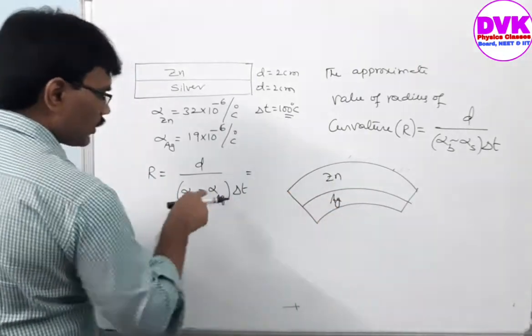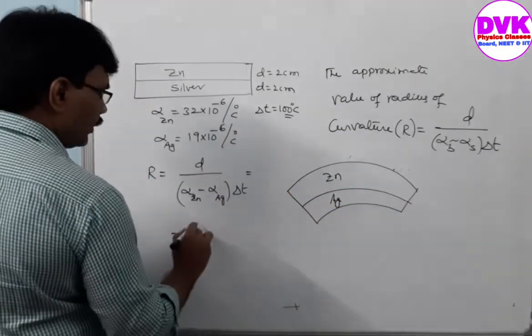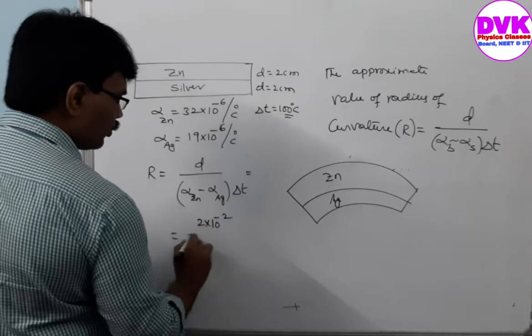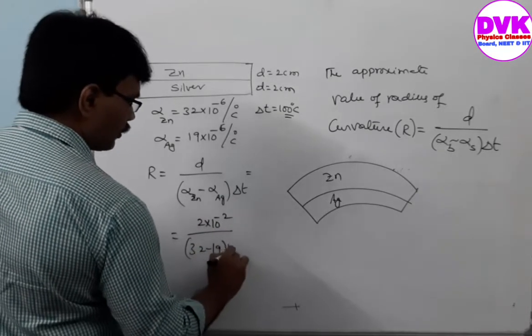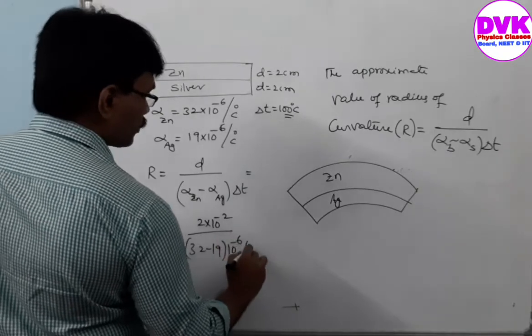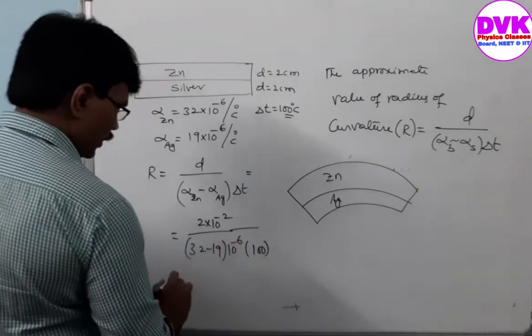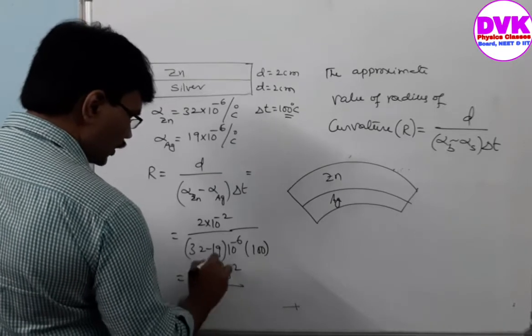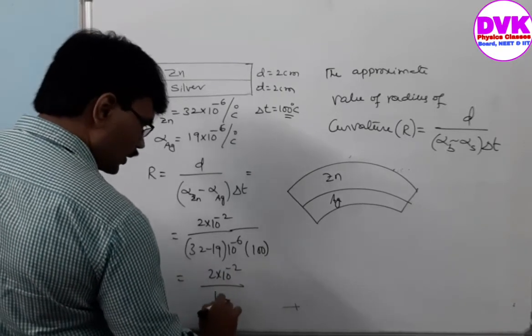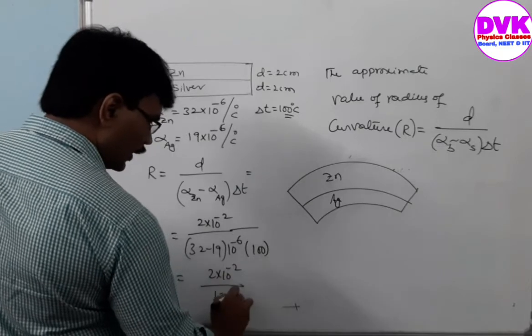For the approximate radius of curvature, 2 centimeters means 2 into 10 power minus 2 meters, and it is 32 minus 19 into 10 power minus 6. The difference of temperature is 100. So it is 2 into 10 power minus 2 divided by 32 minus 19, which is 13 into 10 power minus 4.